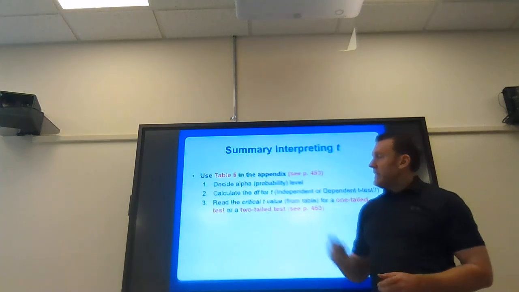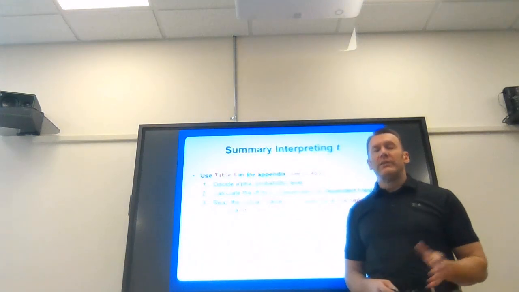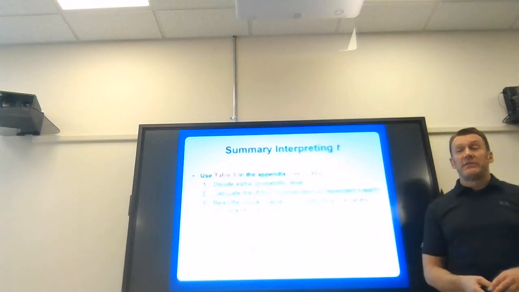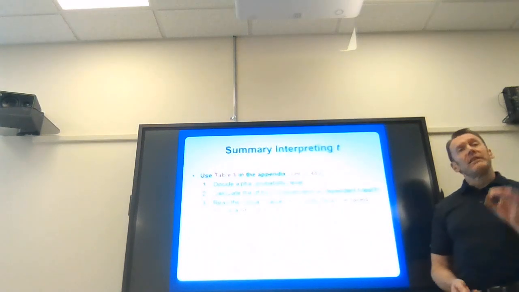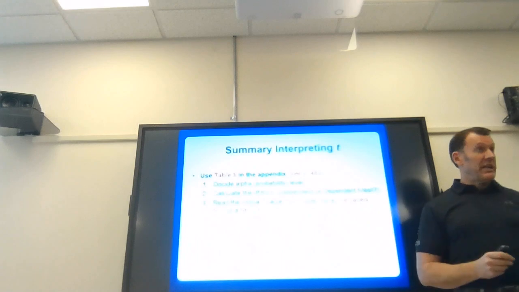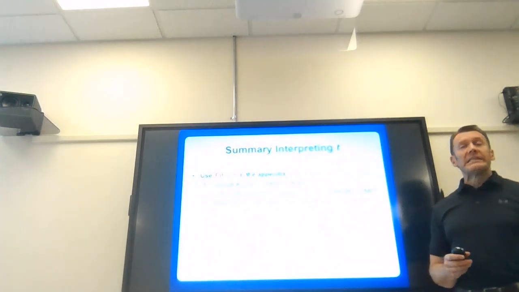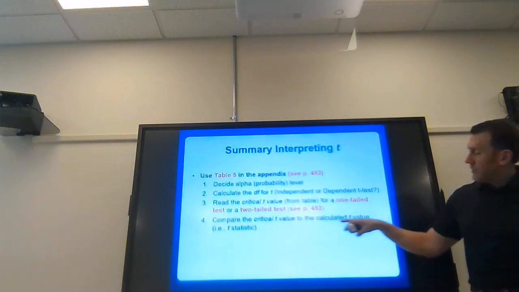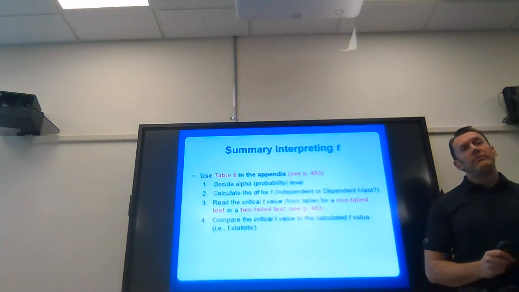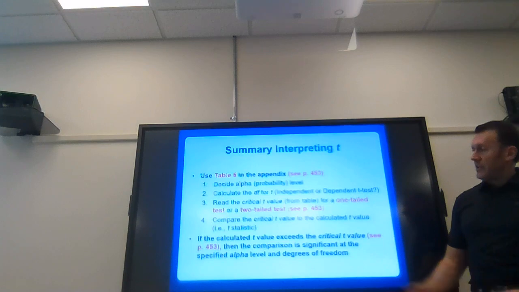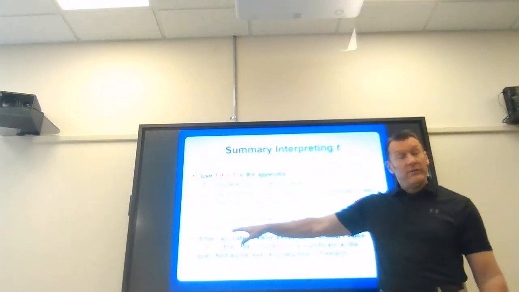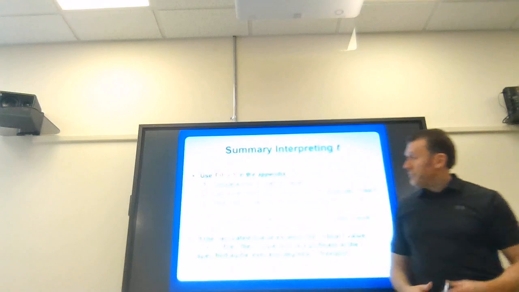Read the critical t-value, so you need to decide whether you're running a one-tailed or a two-tailed test. So that's up to you. That's open to interpretation. So your decision on that. Compare the critical t-value to the calculated t-value. So in order to be significant, the calculated value has to be greater than the critical value.